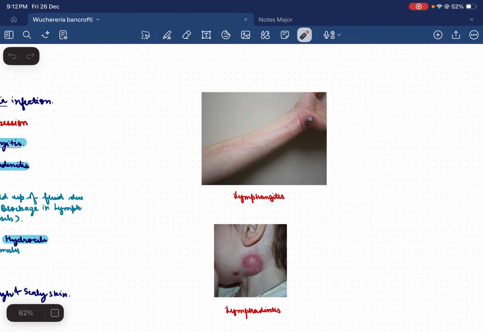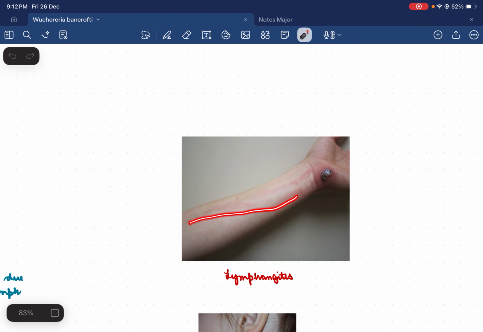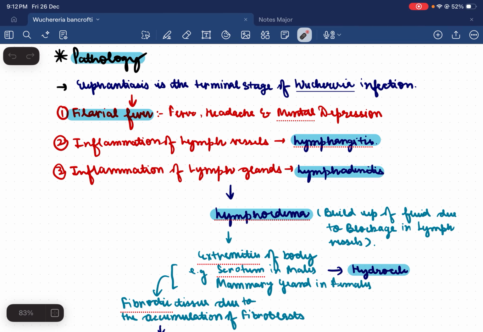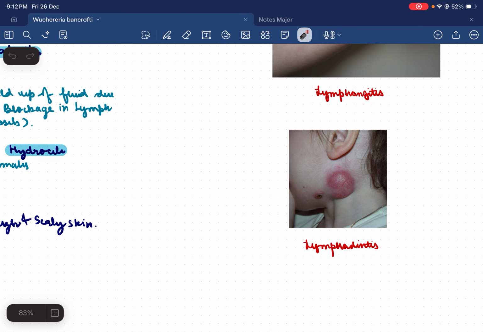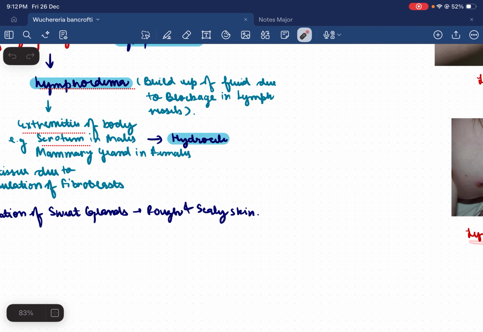Here you can see the lymph vessels are swollen and reddened. This is followed by inflammation of lymphatic glands, which is called lymphadenitis. Here you can see the lymph gland is swollen.